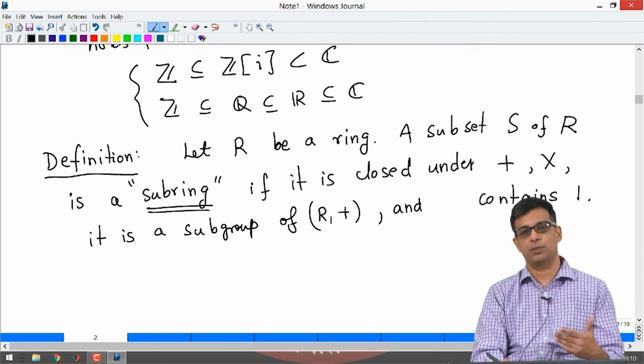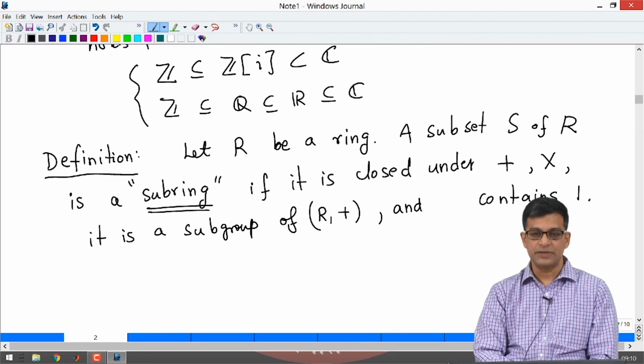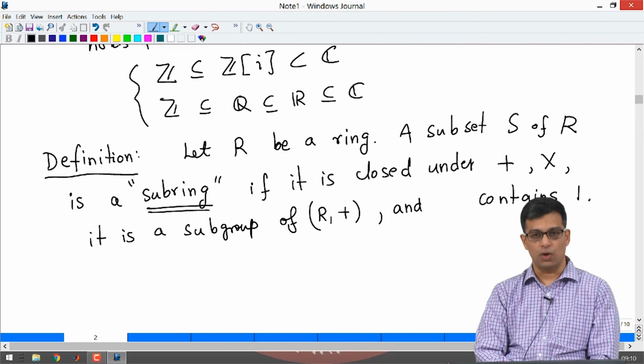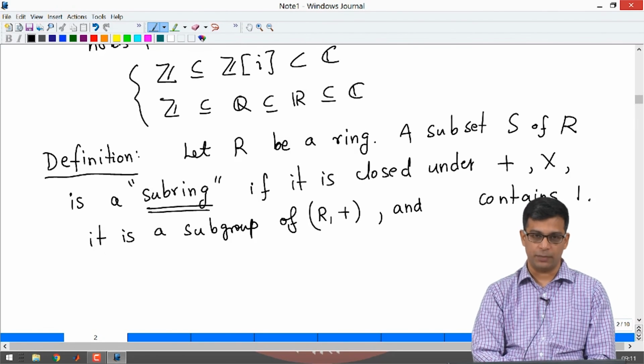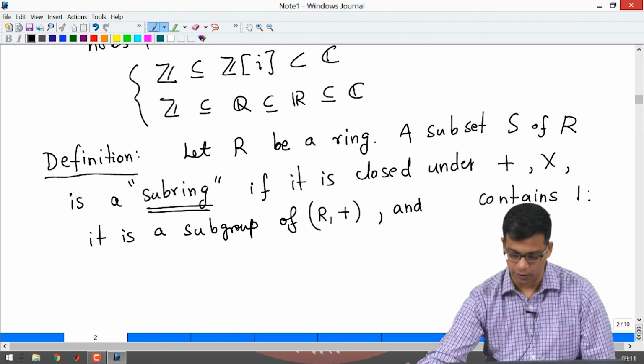The subring is supposed to contain the multiplicative identity. So, a subring is a subset if it is closed under addition and multiplication, it is a subgroup of the additive group of R and it contains 1.